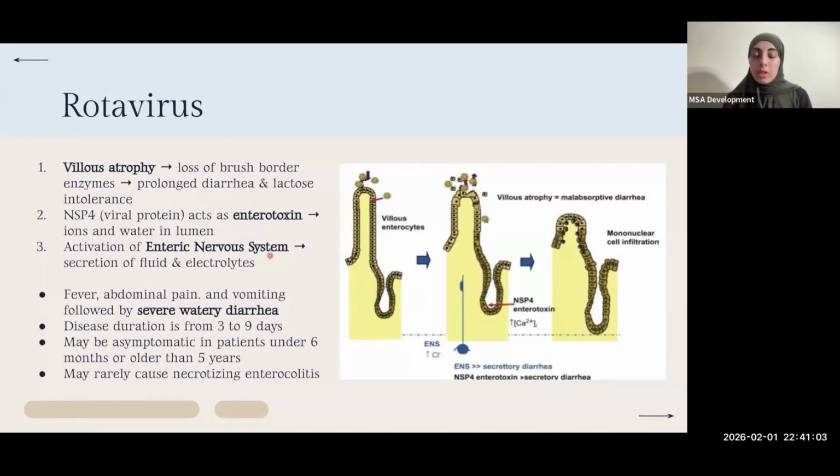How do these patients present? They get fever, abdominal pain, and vomiting, followed by severe watery diarrhea. Remember, you don't have any invasion or destruction of the tissue. You have atrophy of the villi, you're kind of squishing the villi, and you have enterotoxin, so it's watery diarrhea. The disease usually lasts from 3 to 9 days, and it may be asymptomatic in patients under 6 months or older than 5 years.